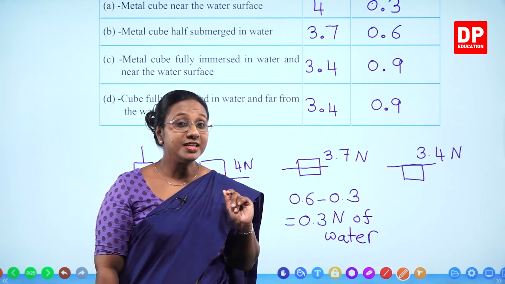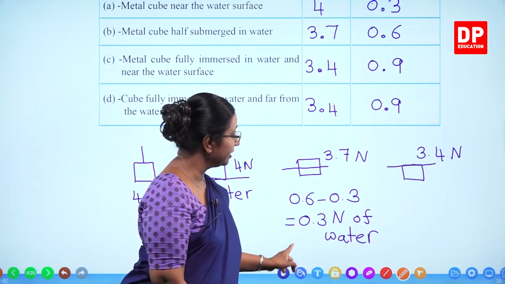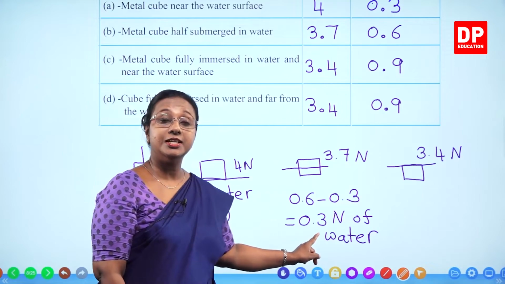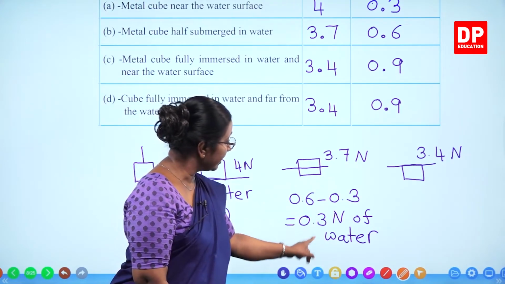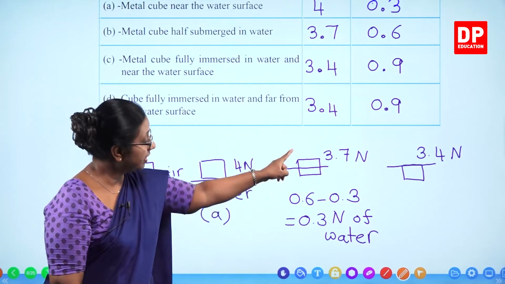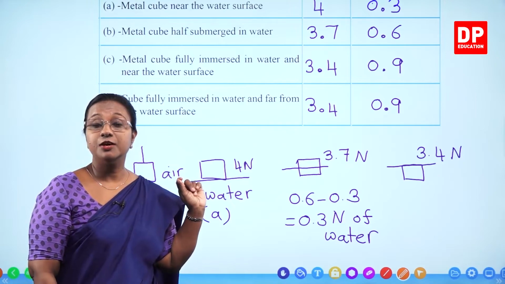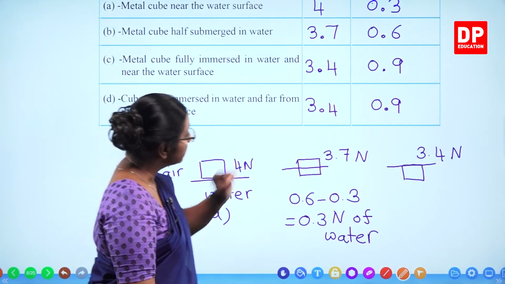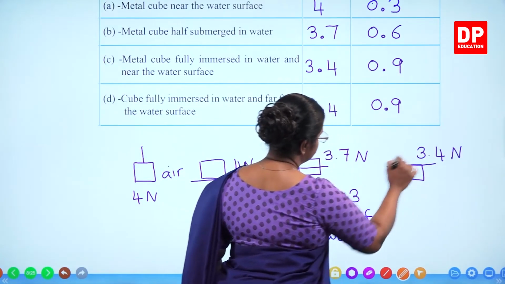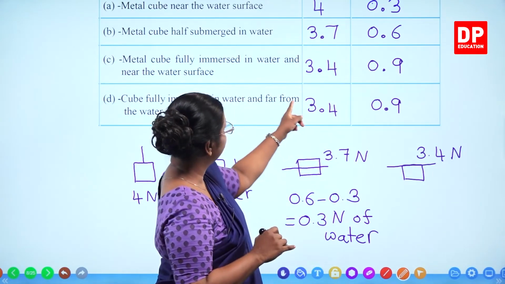So can you see a relationship there? This is the apparent weight. This is the weight of water displaced. When you add them together, you get the weight of the object in air. 3.7 and 0.3, you get the weight of the object, 4 Newton. The same way, the third instance actually, what happened there?